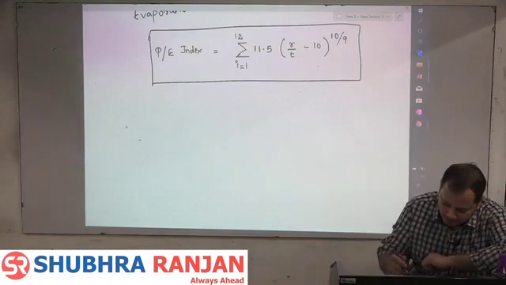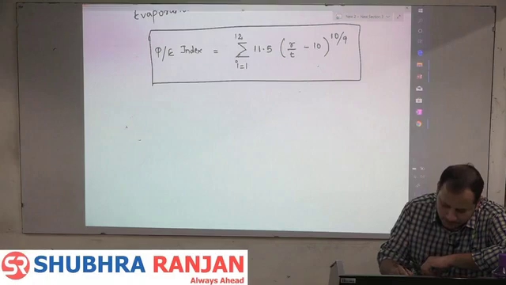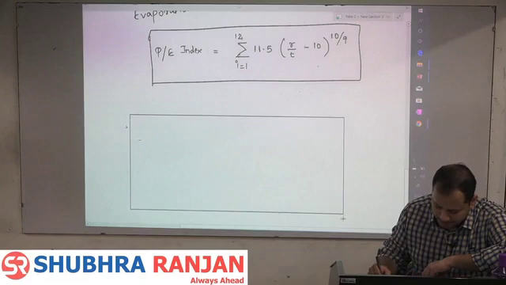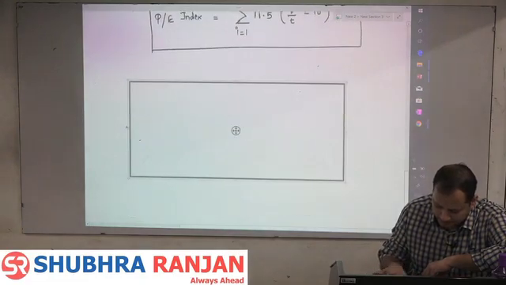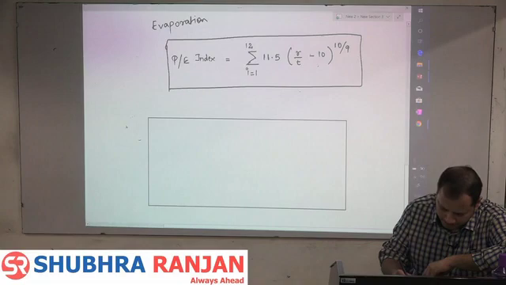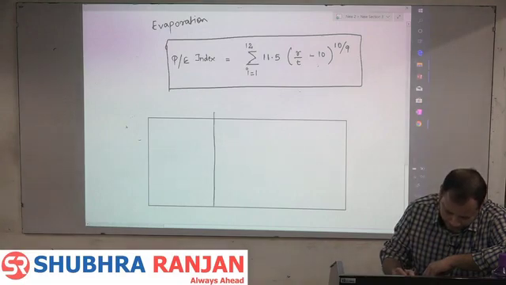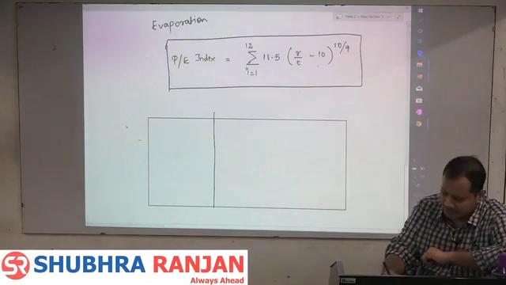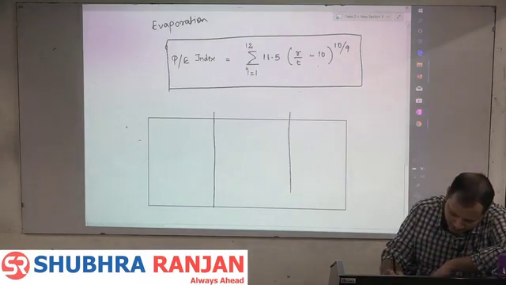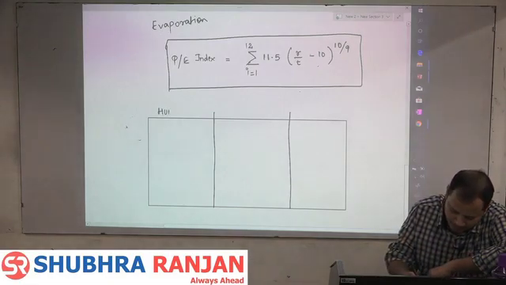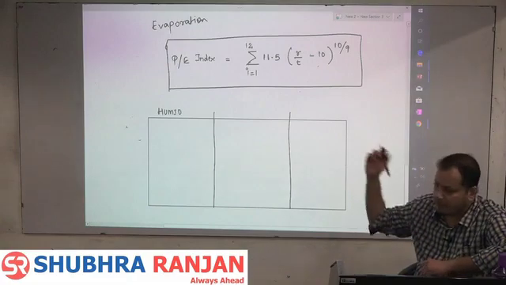To calculate the precipitation effectiveness, Thornthwaite suggested the P by E index, given by the following equation.